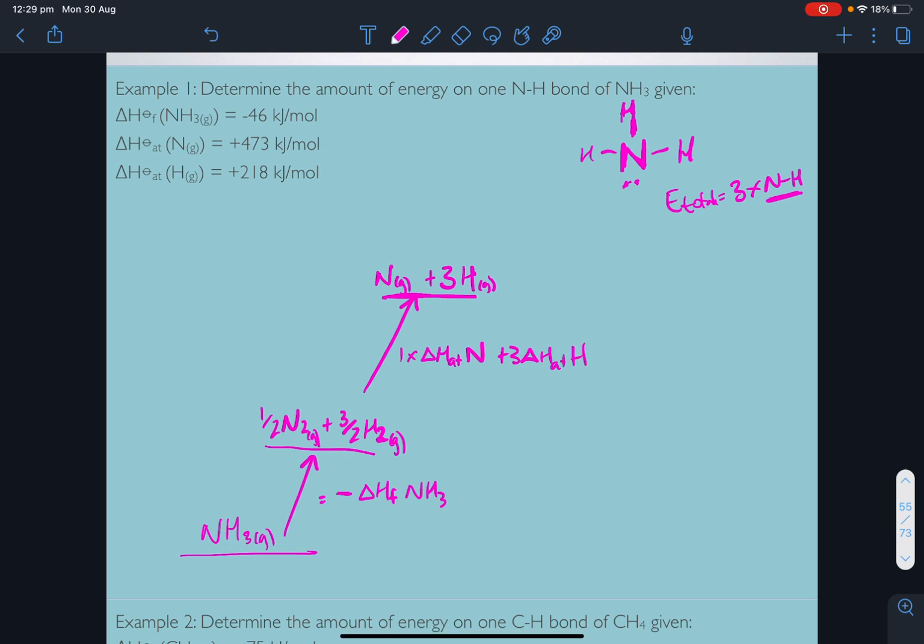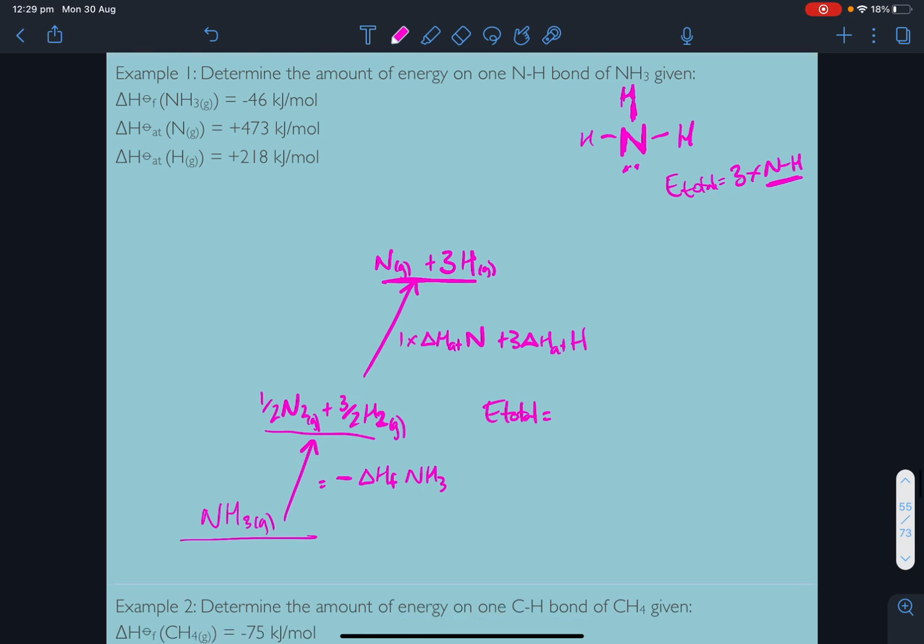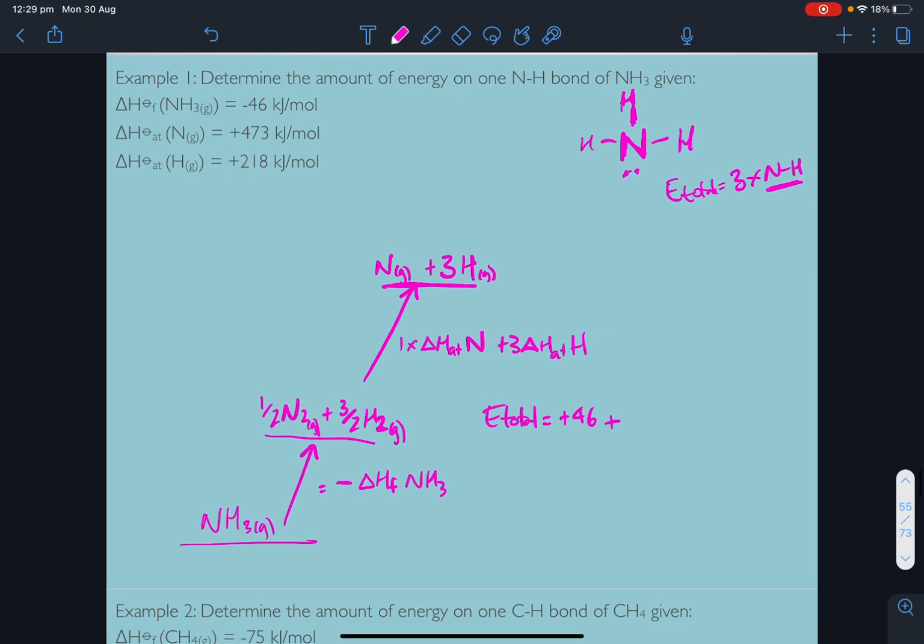Okay, so E total equals the negative heat of formation of ammonia, and the heat of formation of ammonia is negative 46, so the negative of the negative is plus 46. And then we're going to add on 1 times the heat of atomization of nitrogen, which is 473 kilojoules per mole, and 3 times hydrogen, which is 218 kilojoules per mole.